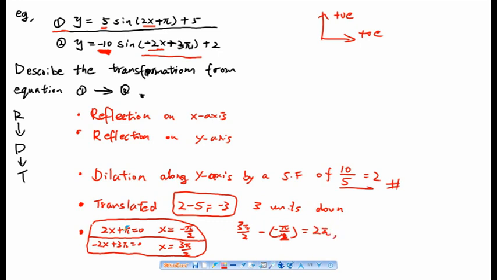Now we have our horizontal translation value, which is 2 pi units right. Moved 2 pi units to the right. That's how we describe the transformation of an equation if the equation is not transformed from the standard graph.